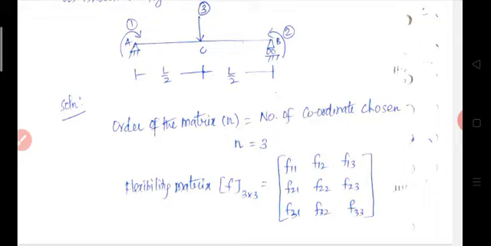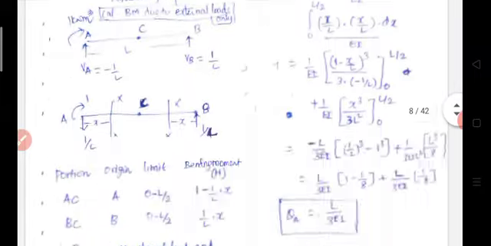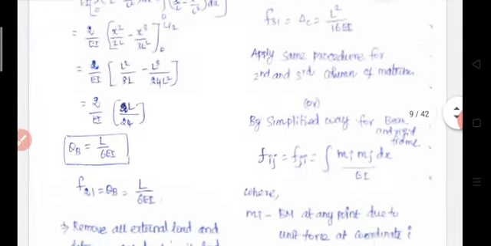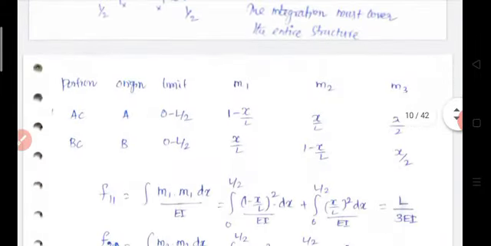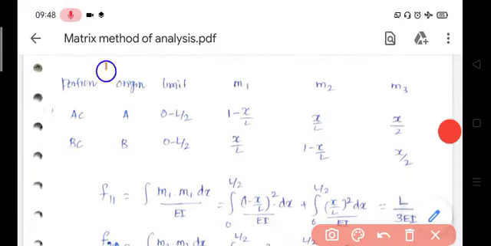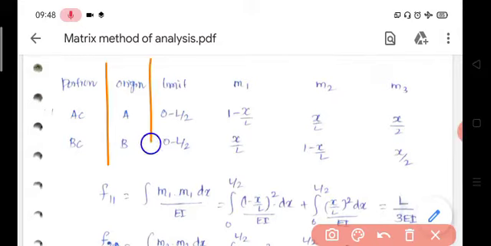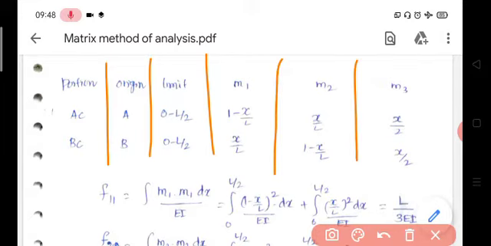Okay. So first we have to make a table like this. The first column of the table is portion, the second column will be origin, the third column will be limits, then the fourth one is M1, M2, M3.